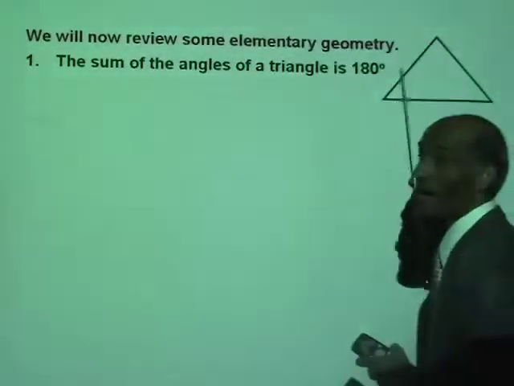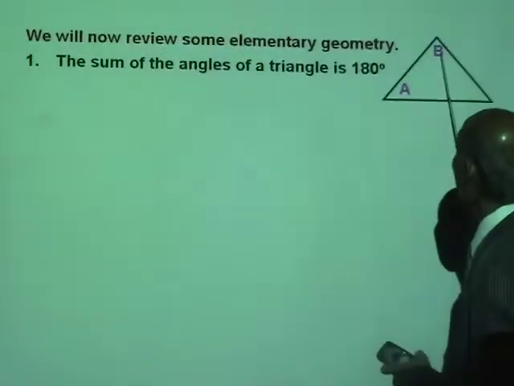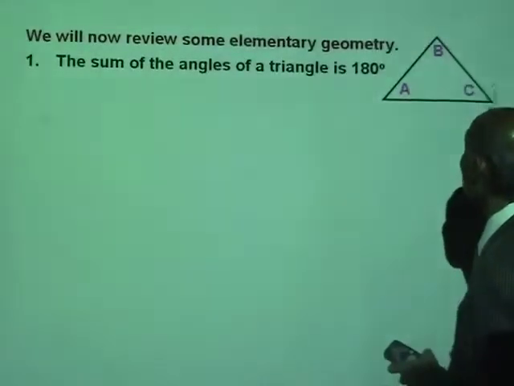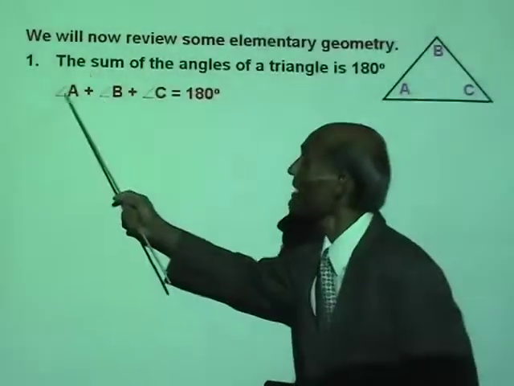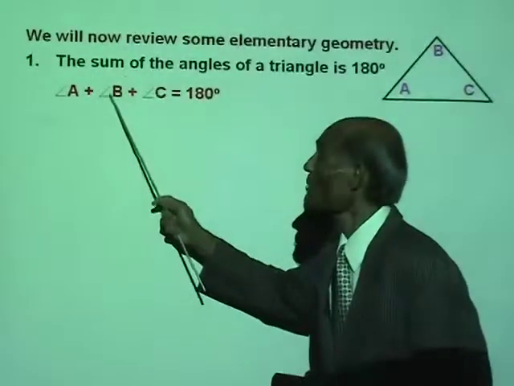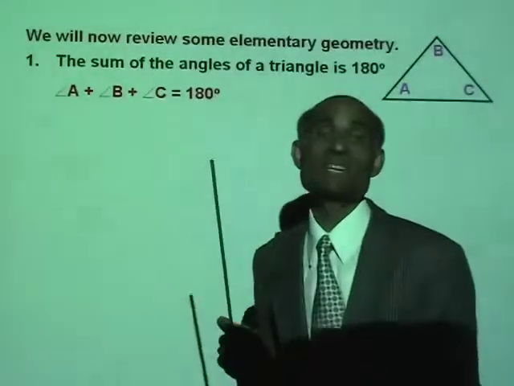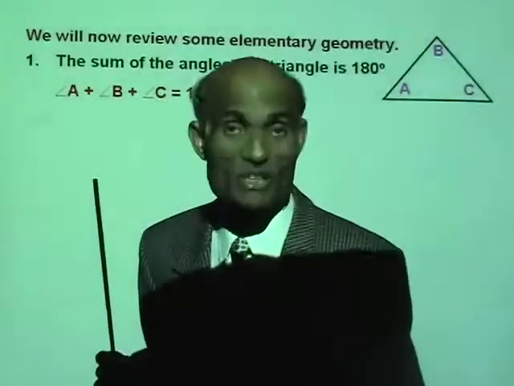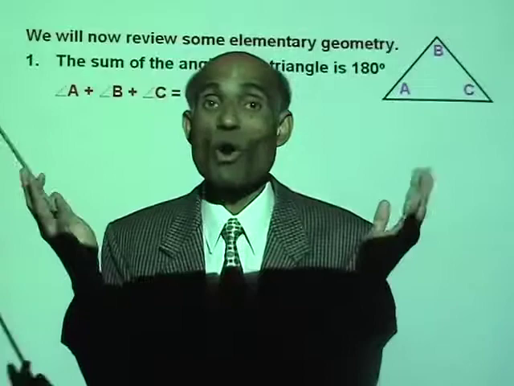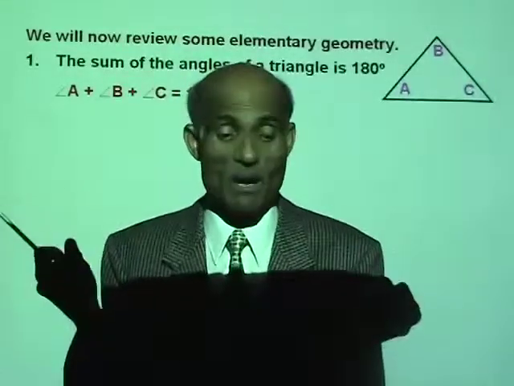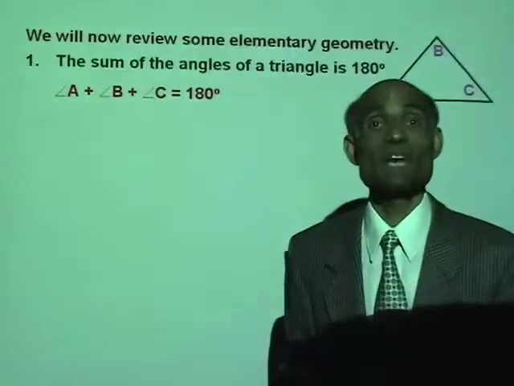So if you have a triangle, here I have a triangle of angle A, angle B, angle C. What this tells me is that if I add angle A to angle B to angle C, that sum is 180 degrees. This is true for all triangles. For all triangles, the sum of the three angles equal to 180 degrees.